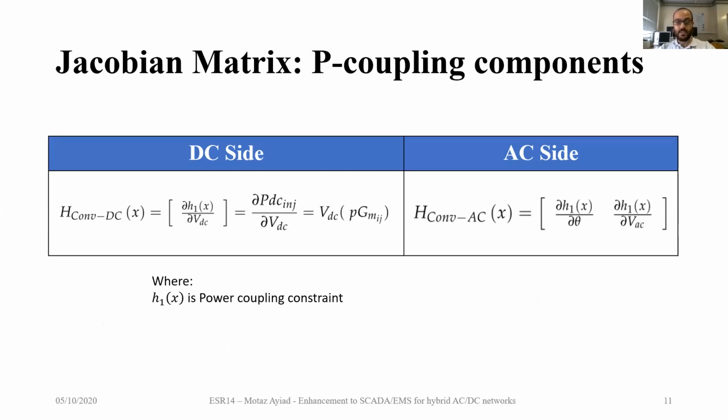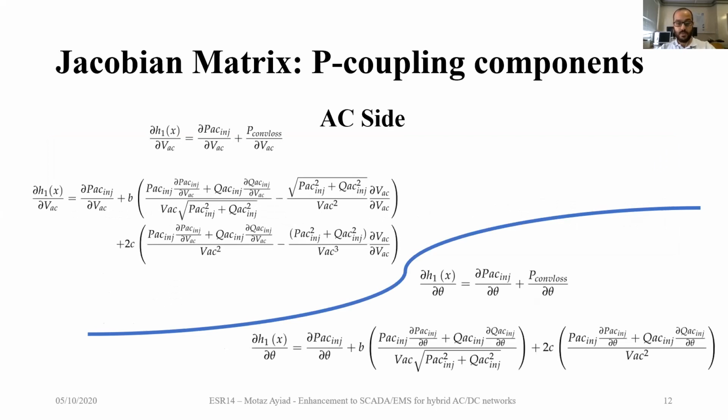The reason is the existence of the current element. For example, here we can see the partial derivative of the power coupling constraint to the voltage and the phase angle of the AC side. To the left, we can see to the voltage, and to the right, we can see to the phase.